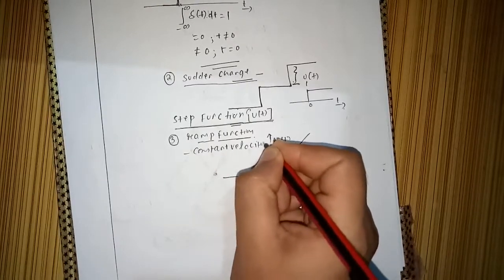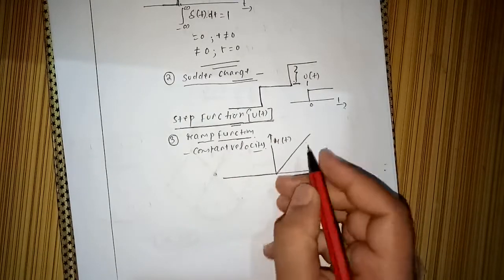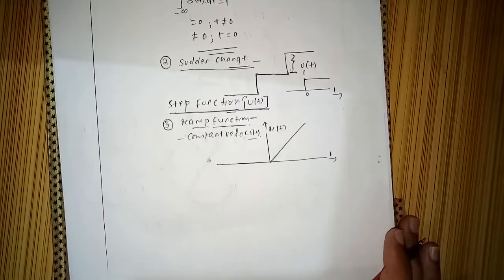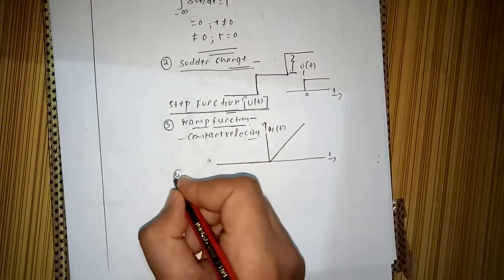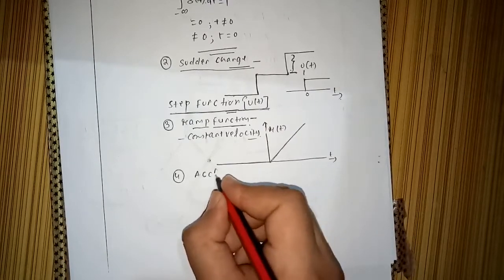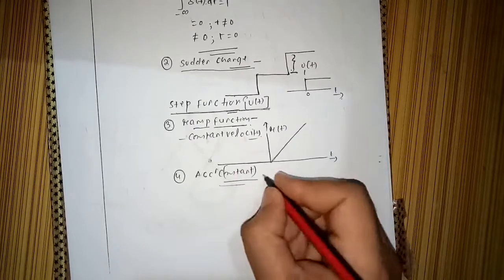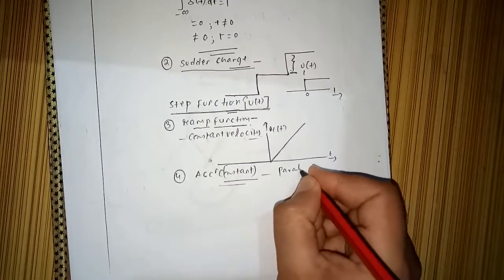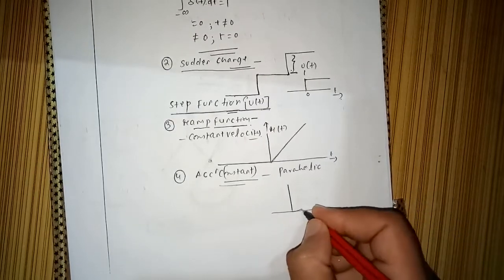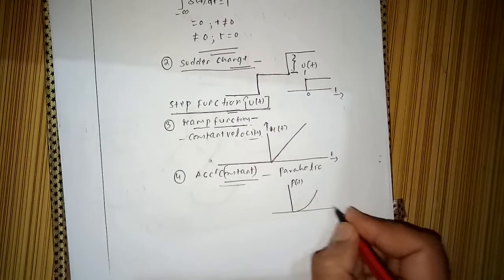Whenever we have any signal changing at constant velocity like this, we can use the ramp function to test it. And the fourth one is the acceleration function, for constant acceleration. In that case I can use a parabolic function. We know the parabolic function, this kind of shape.